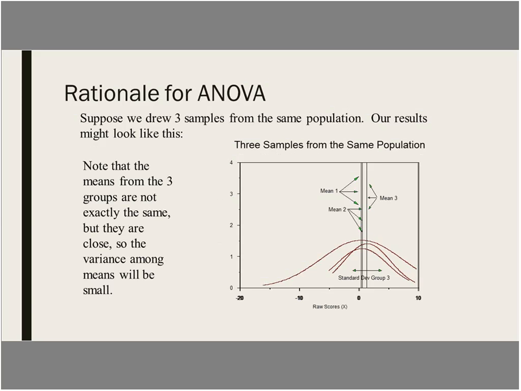But let's continue on with the rationale for the ANOVA. Suppose we drew samples from the same population. You can see in the graph here that the results may look something like this. Note that the means from the three groups are not exactly the same, but they're very close to each other.